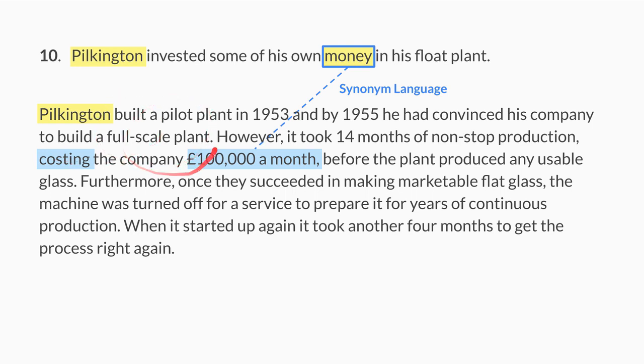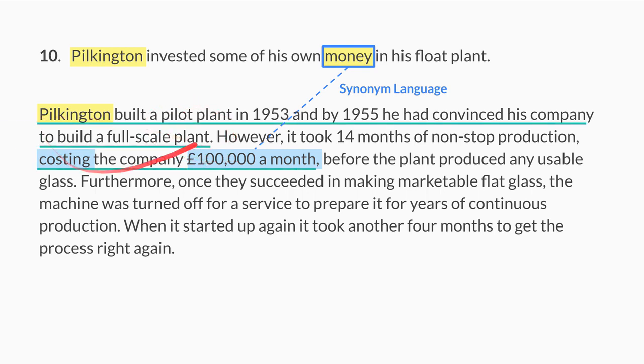So we know that we are likely to find our answer somewhere around here. And this portion where we're going to find our answer, we're going to underline it because this is going to be the matching sentence.